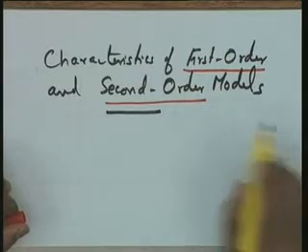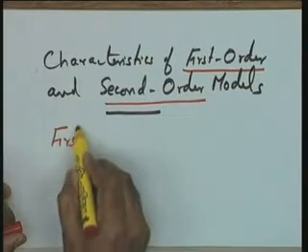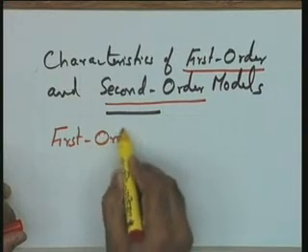They play a very important role in the modeling and in the design exercise of control systems, and your specific attention is needed to certain parameters which define the basic characteristics of first order and second order models. I take first a simple first order system.